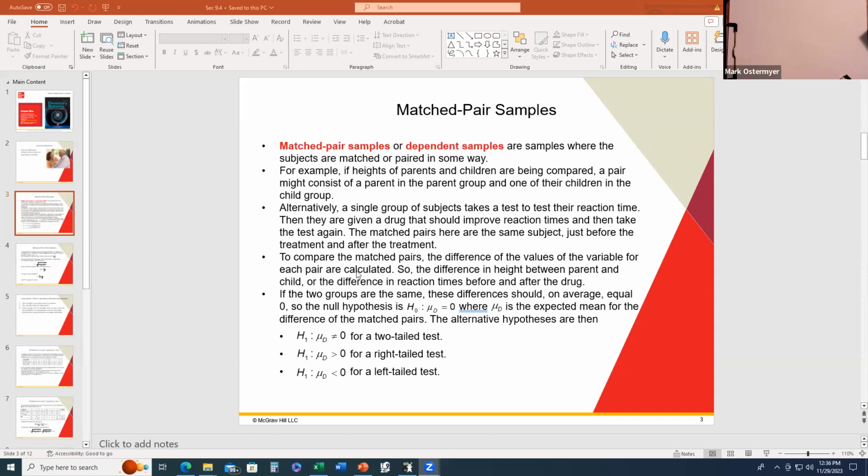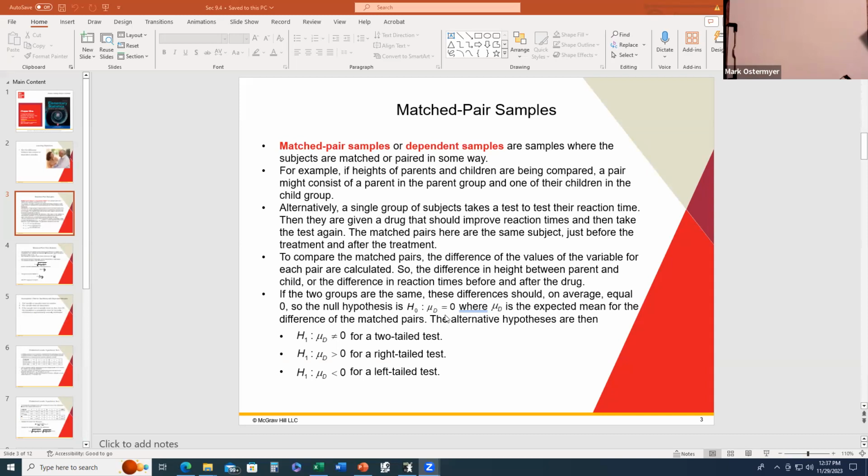Now, to compare the matched pairs, the difference of the values of the variable of interest for each pair is calculated. So the difference in height between parent and child, or the difference between reaction times before and after the drug, those would be the things that we would be concerned with as far as their differences are concerned. If the two groups are the same, these differences should on average equal 0.